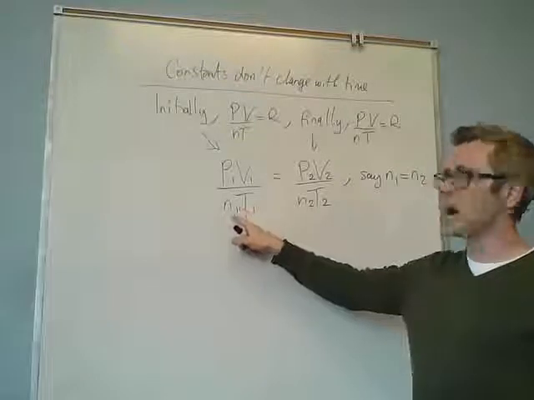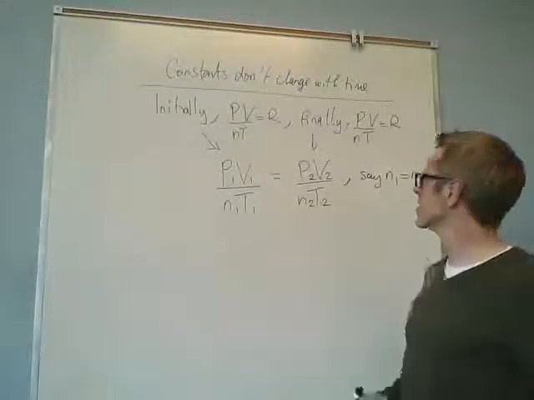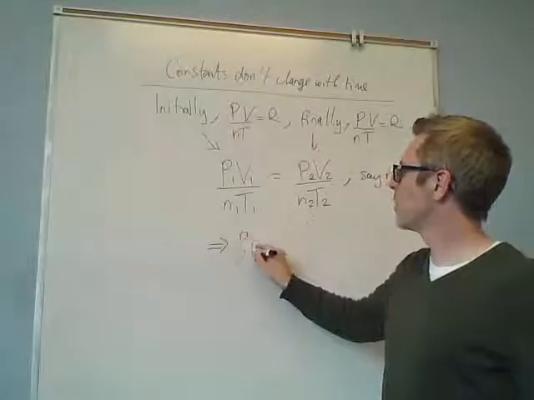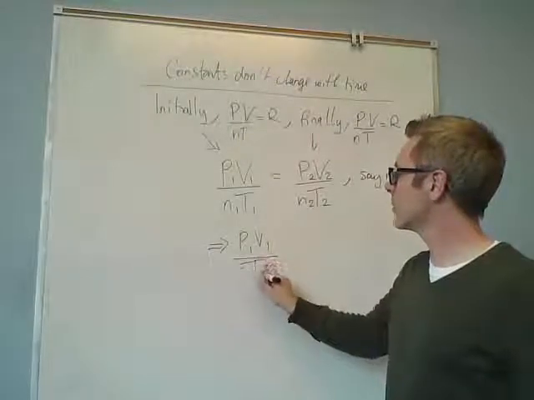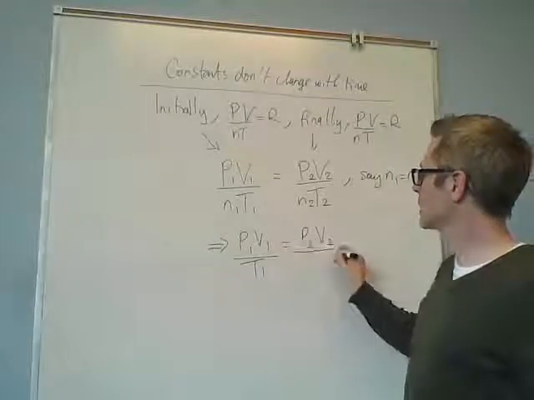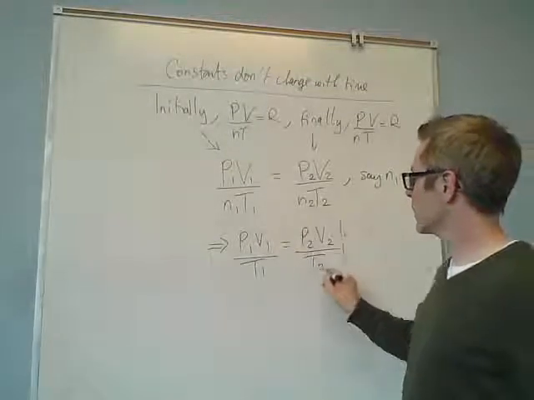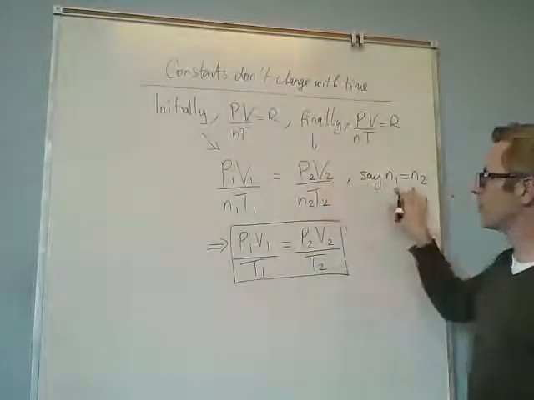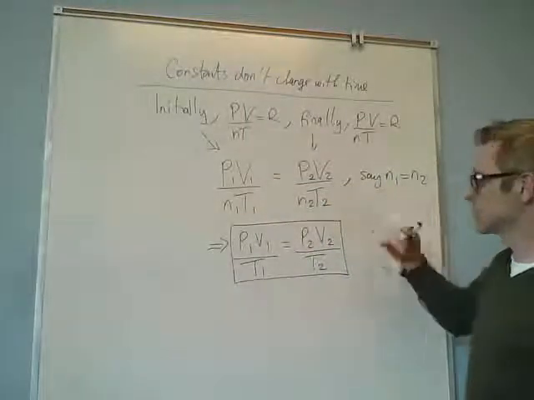Well, that just becomes a constant then, and we can ignore constants. If N1 equals N2, it implies that P1 V1 over T1 is P2 V2 over T2. This is not new, it's just a combination of the above with a fixed sample size. But it's given a new name.